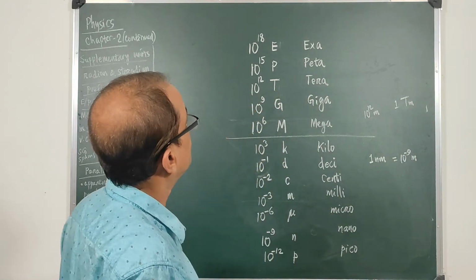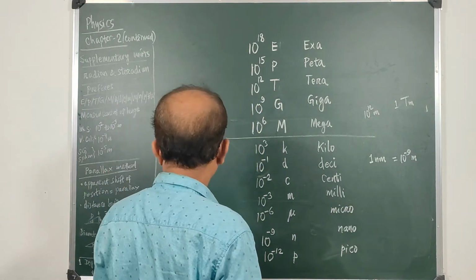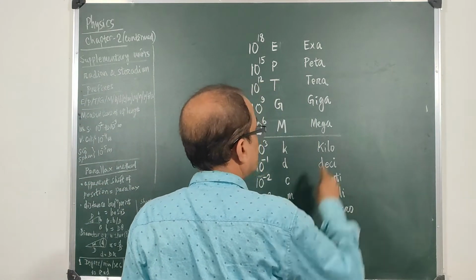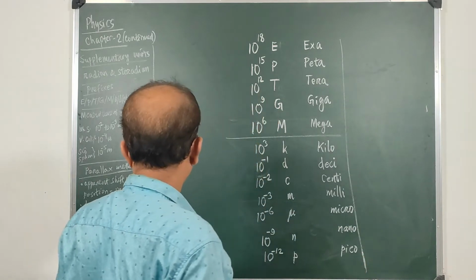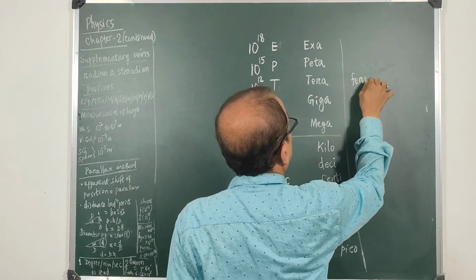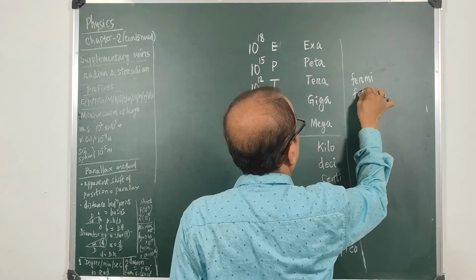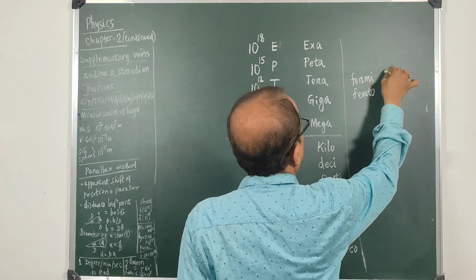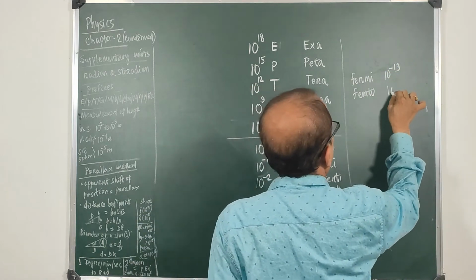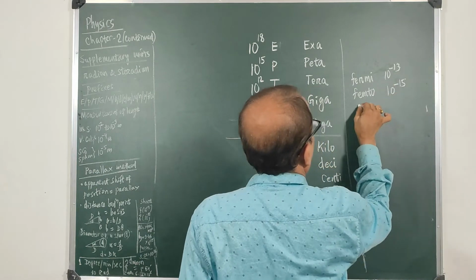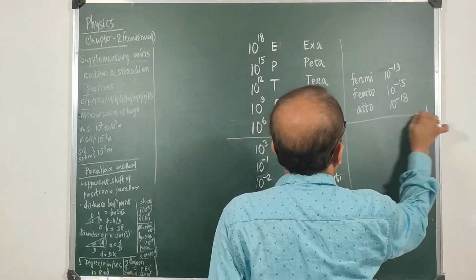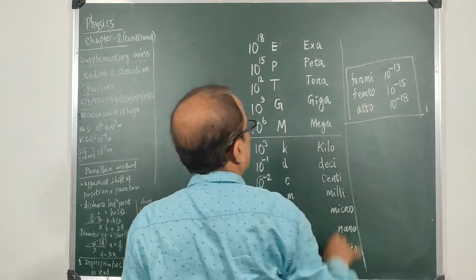So this is the use of the larger things. The smaller values are also there. There are some shorter values, we can use them. One is femto or Fermi. Fermi is taken as 10 to the power minus 13, femto is taken as 10 to the power minus 15, atto is taken as 10 to the minus 18, but they have very rare uses.